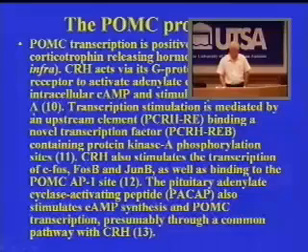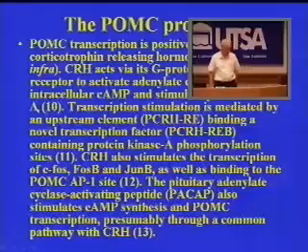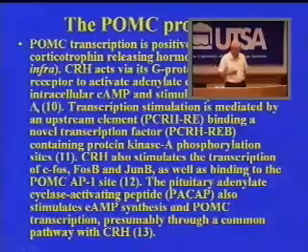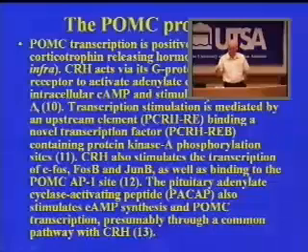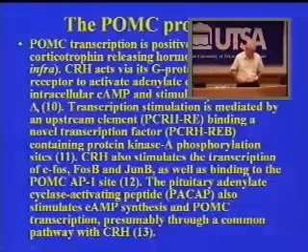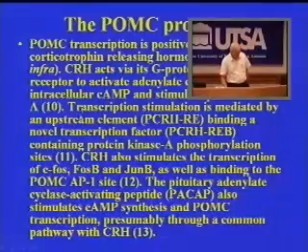Protein kinase A phosphorylates a transcription factor called cyclic AMP response element binding protein. I think that was a CREBP, wasn't it? CREB. And in this case, the transcription stimulation is mediated by an upstream element.